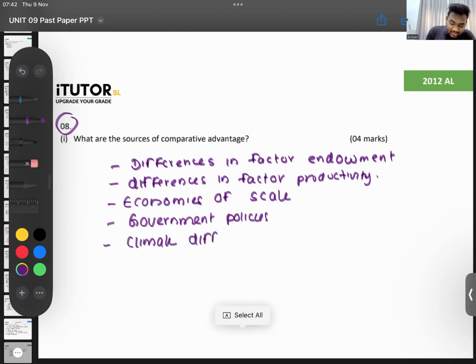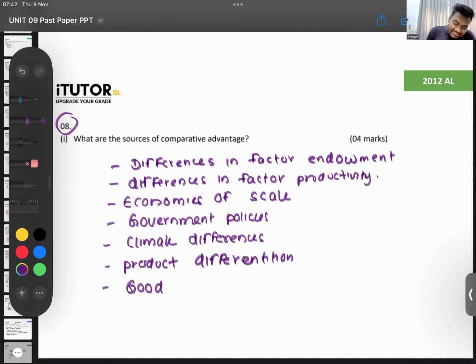You can word it nicely: differences in the climate. Then product differentiation. That could be a reason. The goodwill can be certain answers. Differences in taste, differences in consumer taste.